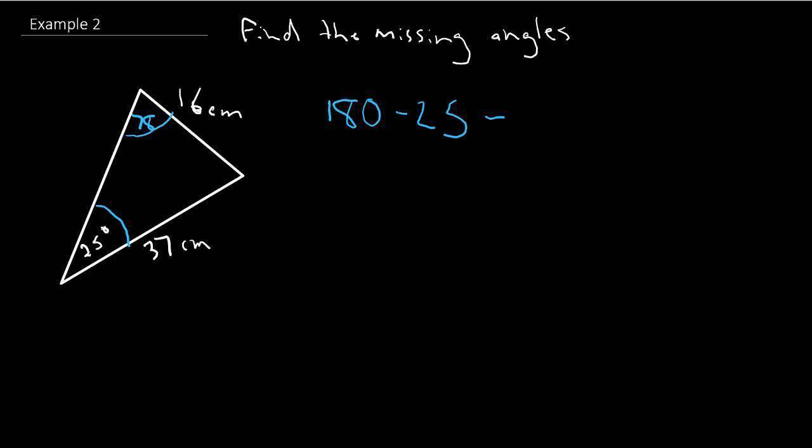So subtract 25, subtract 78, and then we get 77 degrees. You can use a calculator to verify, but that's the end of that. I'm not going to show you how to find that last side length because we've already done that in example 1.